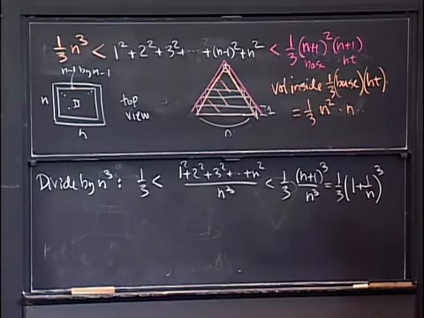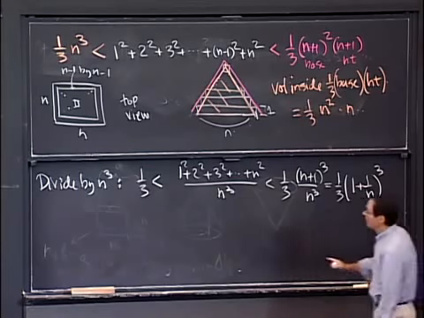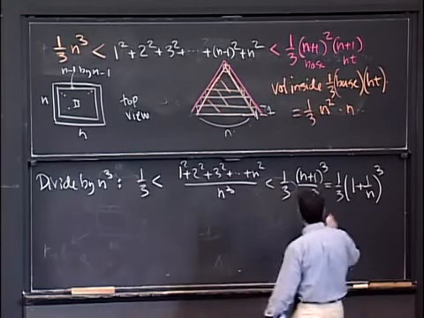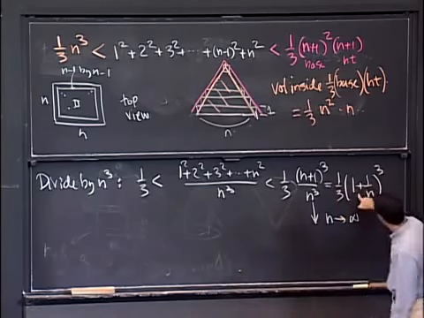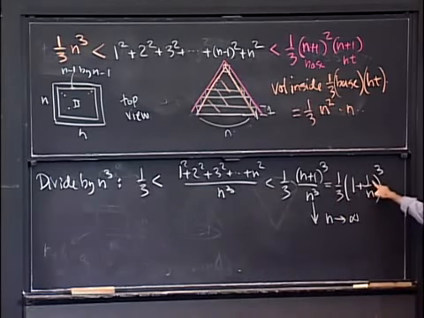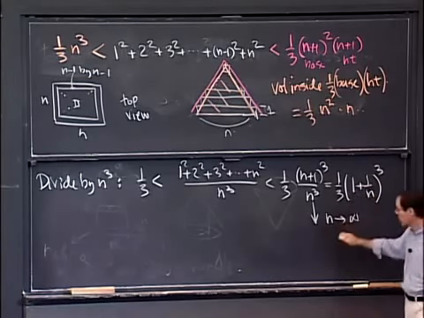And now I claim we're done, because this is 1/3, and the limit as n goes to infinity of this quantity here is easily seen to be, as n goes to infinity, this goes to 0. So this also goes to 1/3.